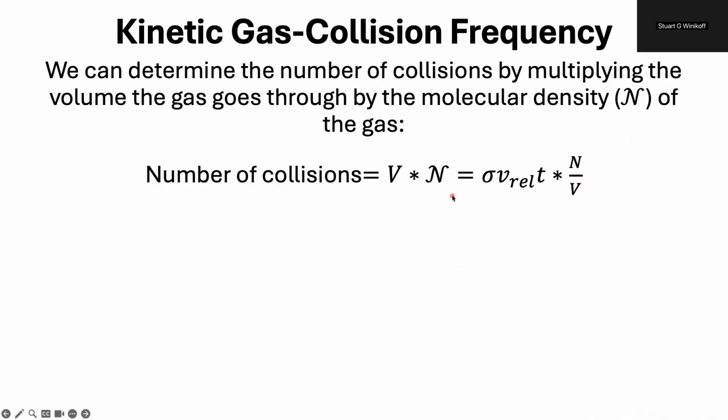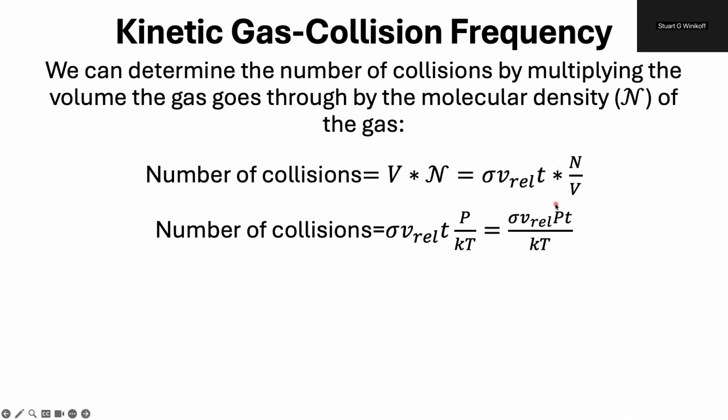And this will give us the number of collisions that a gas has for time t. So if I want to know how many times a gas molecule collides in 1 minute, we put 1 minute in here. We'll put the relative velocity in, usually something like meters per minute, the cross-sectional area, the volume, and the number of molecules for that volume.